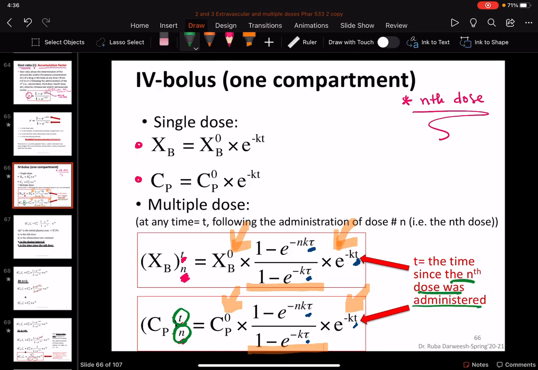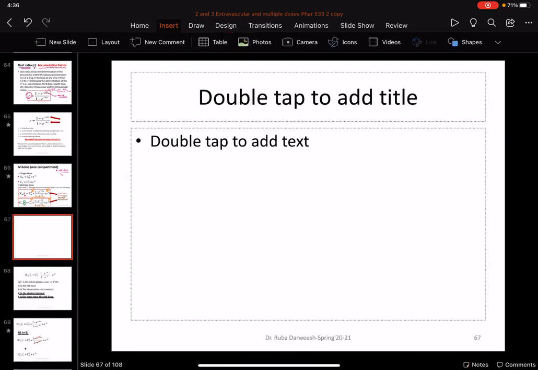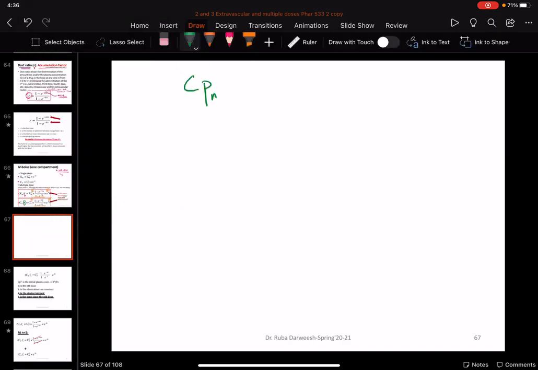And then after that, if you remember our equation in this case, we had concentration at a certain time equals C0 multiplied by the dose ratio, 1 minus e to the minus n k tau over 1 minus e to the minus k tau, times e to the minus k t.